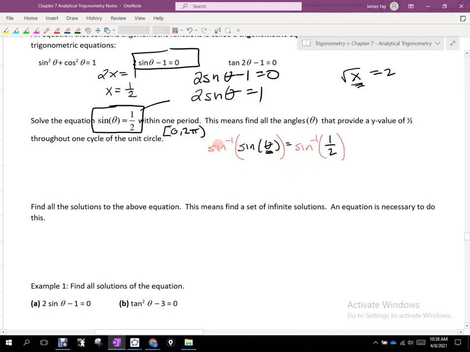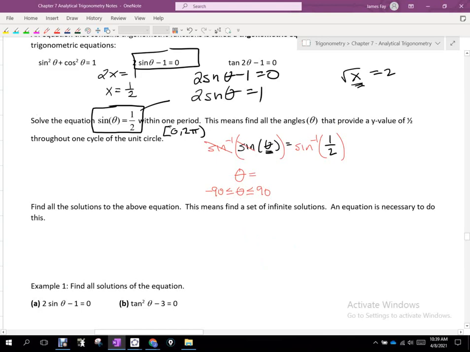We know that the sine inverse and the sine will cancel and give me theta, but they will only cancel and give me theta on the interval or the range of negative 90 to positive 90. Does that make sense?